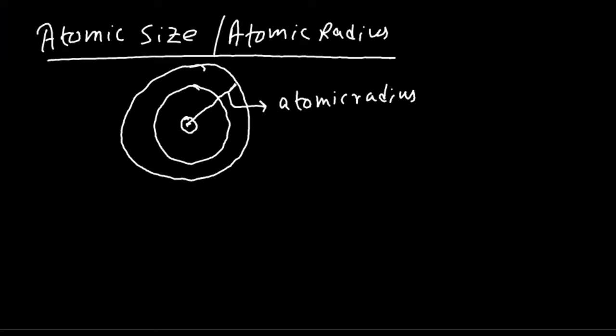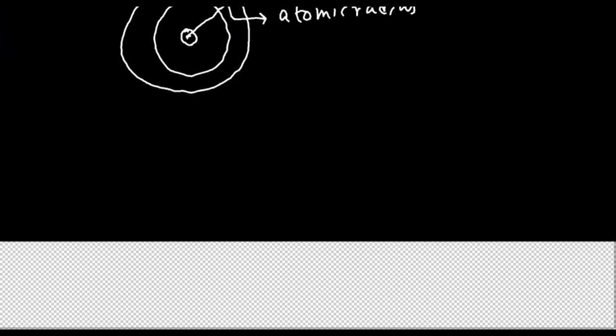Here we have to study the trends in the atomic radius along the period and down the group. How will they vary? At first we will see the variation of atomic radii or atomic size along the period.